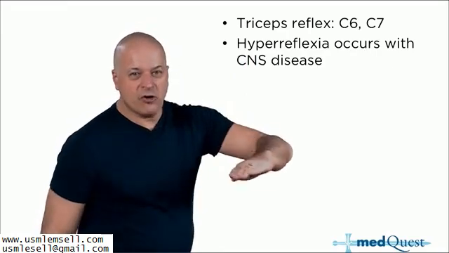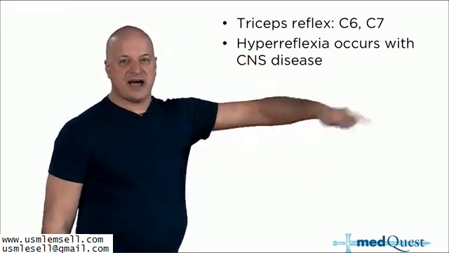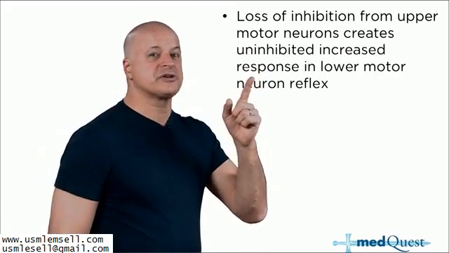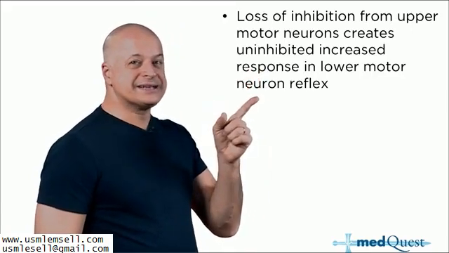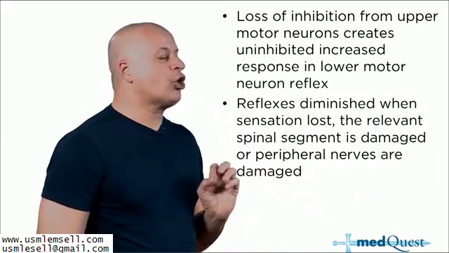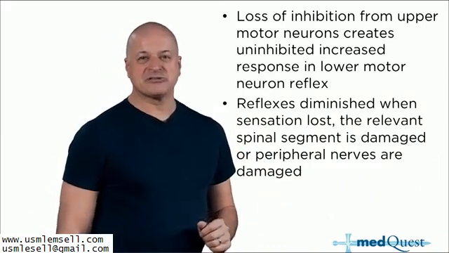When you have a loss of inhibition of those motor neurons, things end up exaggerated. So you could say it's cord compression or a cord cut that makes hyperreflexia.